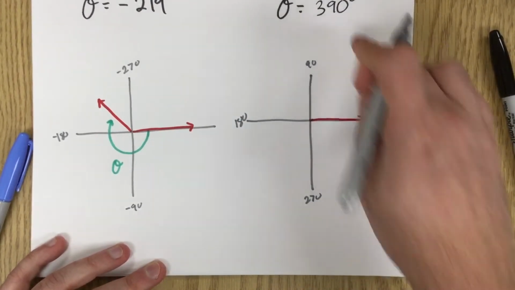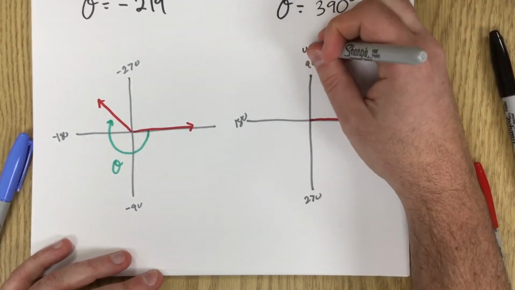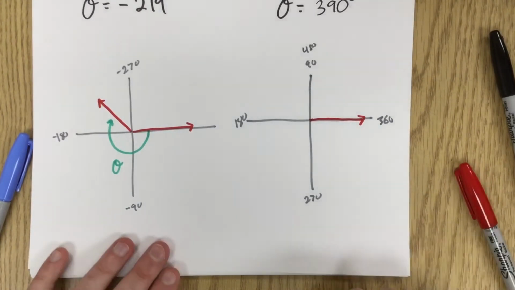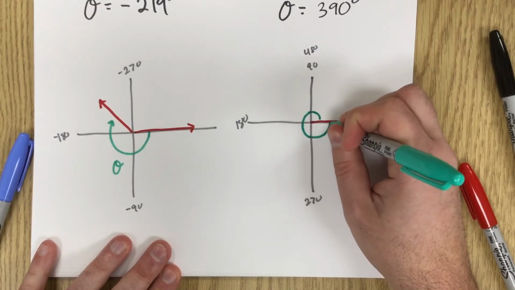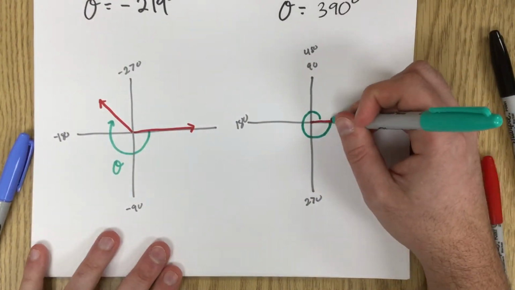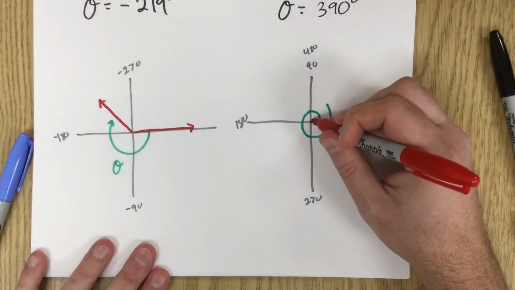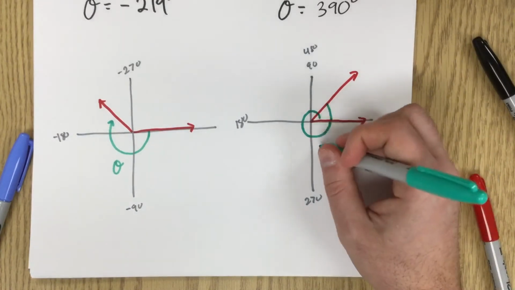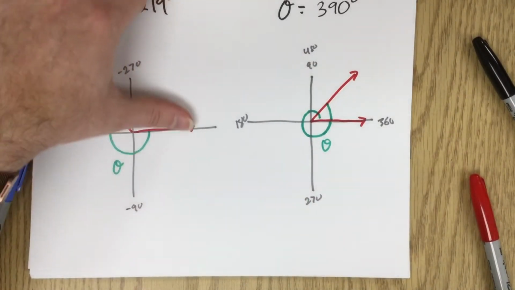But it's 390, so we have to go a bit past that. If we continued on, that would be 450. So we're going to go 360 degrees around and then go a little bit more. This whole thing is an angle of 390 degrees.